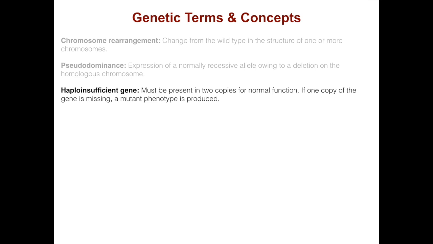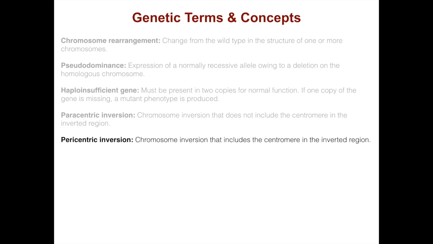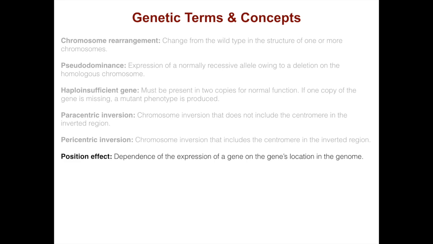Haploinsufficient gene: this gene must be present in 2 copies for normal function. If 1 copy of the gene is missing, a mutant phenotype is produced. Paracentric inversion: a chromosome inversion that does not include the centromere in the inverted region. Pericentric inversion: a chromosome inversion that includes the centromere in the inverted region.